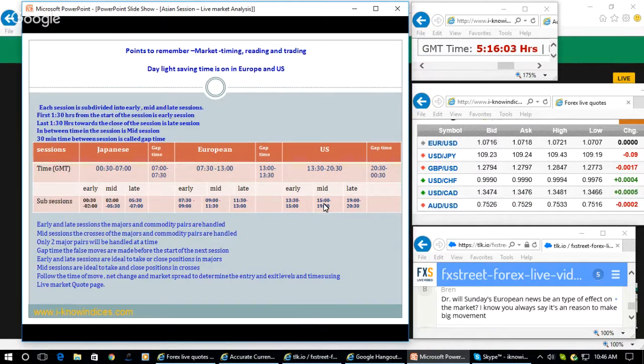So if you want to trade in crosses, look for the mid session and then try to take position, close position during the mid session. We'll be able to easily understand the trend and easily close the position with the profit. But if you try to take it during the early or the late session, then you may have to wait for the next session to come. And in the next session's mid session, you'll come across the quick move, and that time you can close the position.